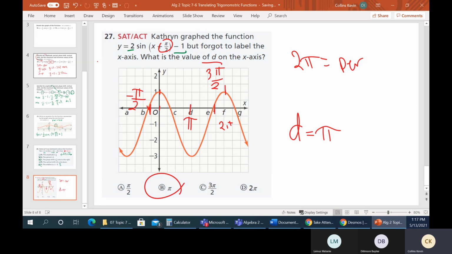Okay? And that's b. So since d was our minimum and we have a standard period of 2 pi, then that minimum has to be pi.